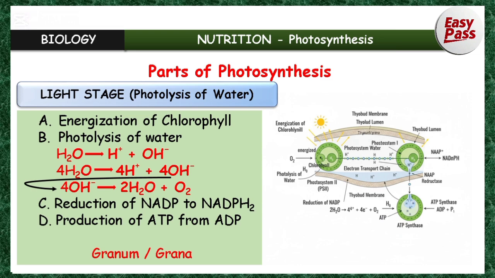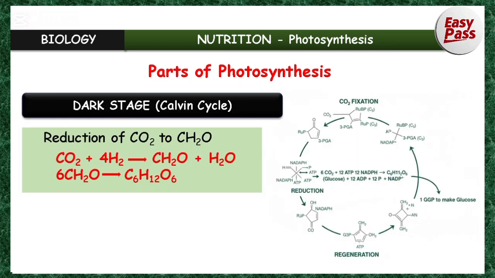For plural, we have grana. This is where the light stage reaction of photosynthesis takes place. Granum for singular, while grana for plural. Now the next part we'll be looking at is actually the dark stage reaction, which is the second part. Dark stage reaction.